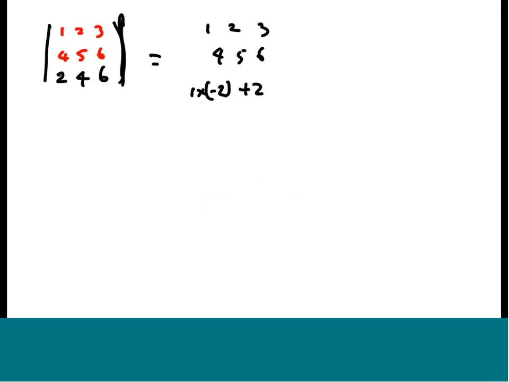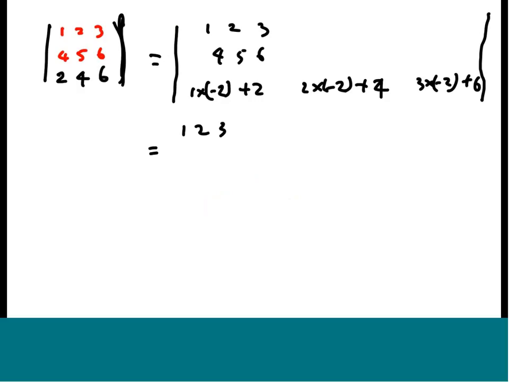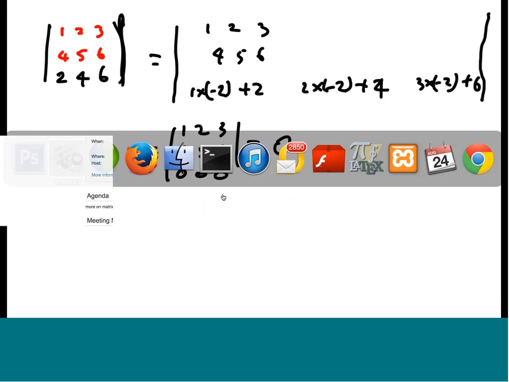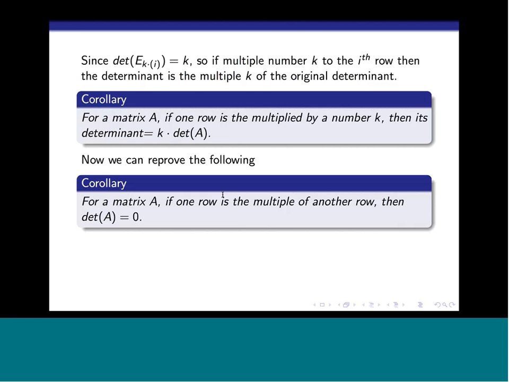Then 2 times minus 2 plus 2 plus 4. 3 times minus 2 plus 6. The last one you get 0, so you get 1, 2, 3, 5, 6, 0, 0, 0. Okay? So you see it? So if one row is a multiple of another row, then it's 0.